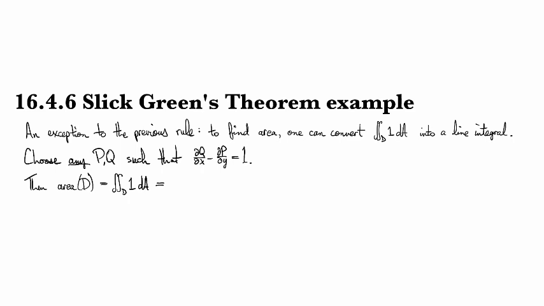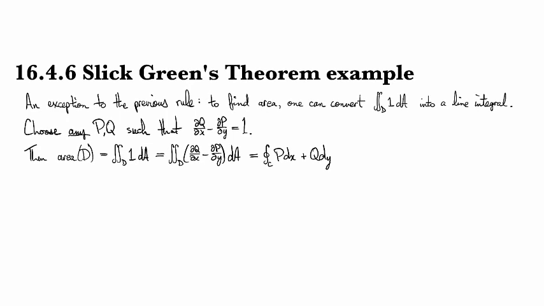But since we've cooked up some vector field to be nice, we can rewrite this as dQ/dx minus dP/dy, and then we can use Green's theorem to convert this into a line integral, the closed integral around C of P dx plus Q dy. And so then it's just a question of what P and Q do you want to use? Well, like I said, there's loads of possibilities.